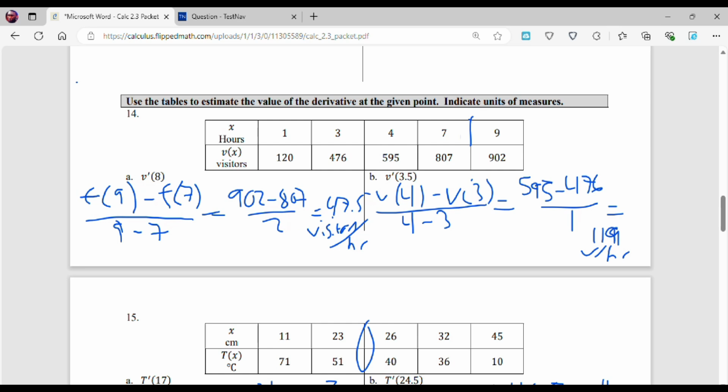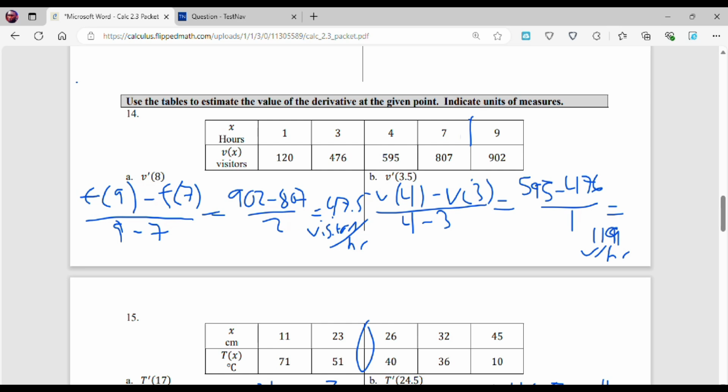So you add 1 to 7, you subtract 1 from 9, and you get 8. So 8 is right in the middle. So your closest approximation given this information is going to be the average rate of change of f of 9 minus f of 7 over 9 minus 7.